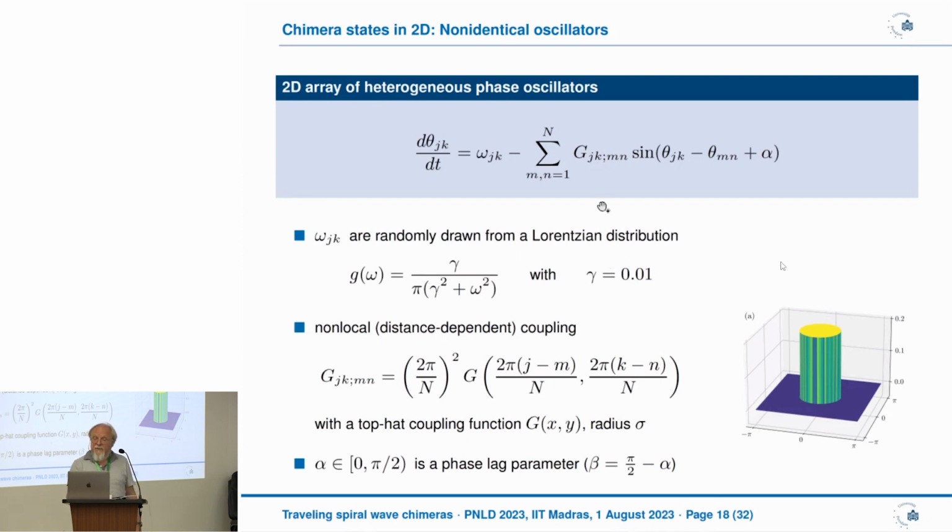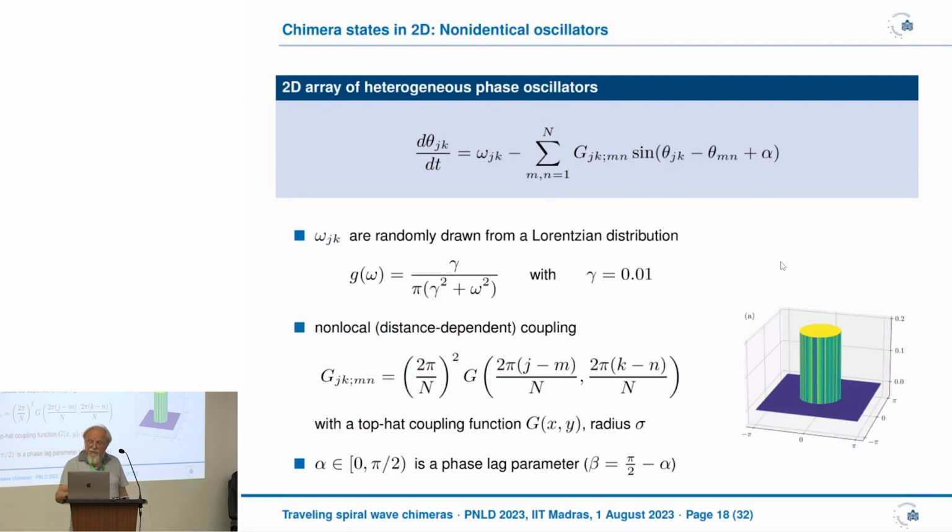And then for the coupling kernel that I'm going to use, I'm going to just pick a top hat kernel. So all the oscillators within a certain radius, sigma, are coupled, and all the oscillators that are further separated are uncoupled. Okay, so that's a typical kind of thing that people have been using. And again, I'm going to be using this parameter beta to describe what happens in this case.